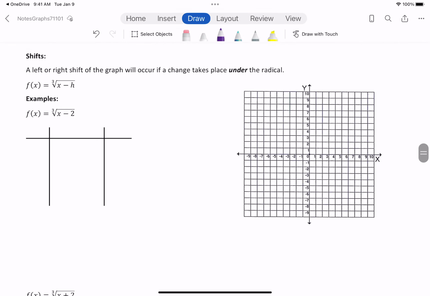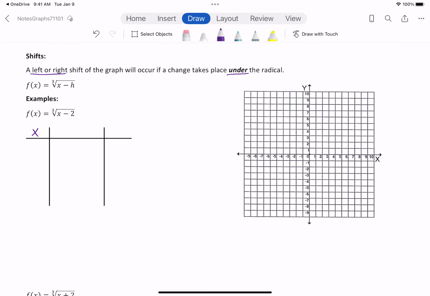All right, now we have to go through all the shifts for this one too. So again, if the change is under the radical, it's going to be a left or right shift. So if we have f of x equals cube root of x minus 2, we need to figure out what values of x to choose again.